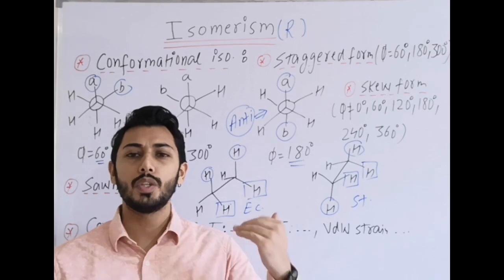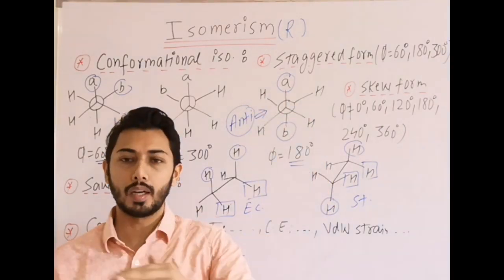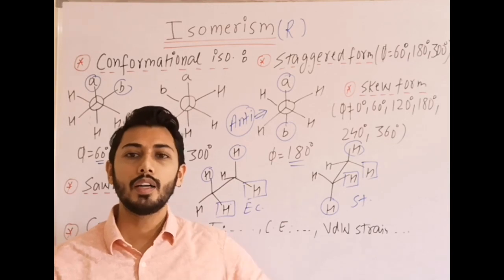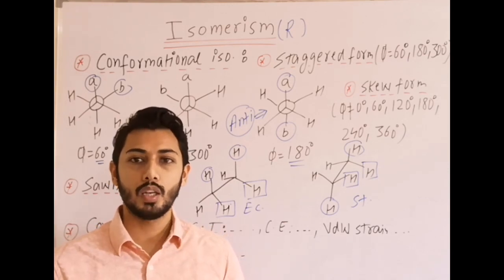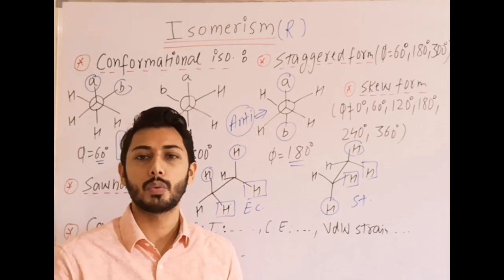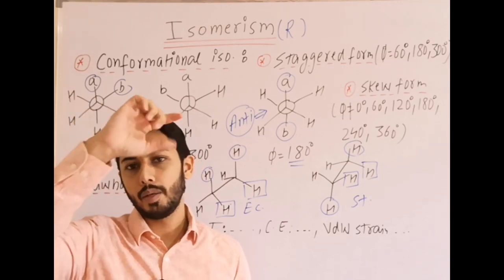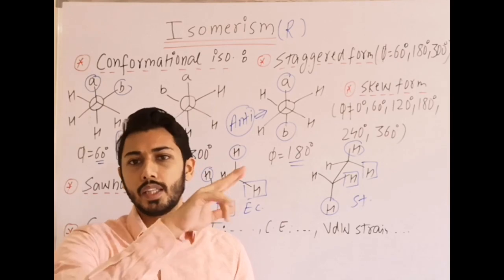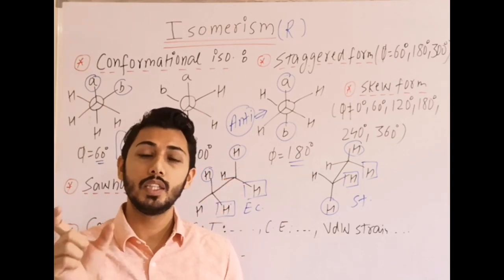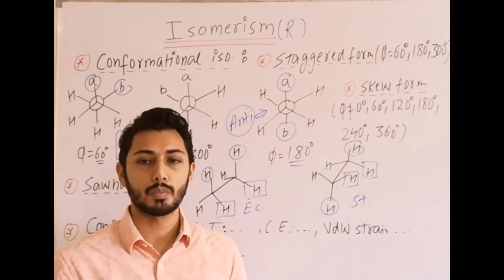The isomers which are at the energy minima are termed as conformational isomers. Now how energy minima? I'll explain it through the example of ethane by drawing a curve. You understand it. The conformers which are at the energy minima, we will say these are conformational isomers.